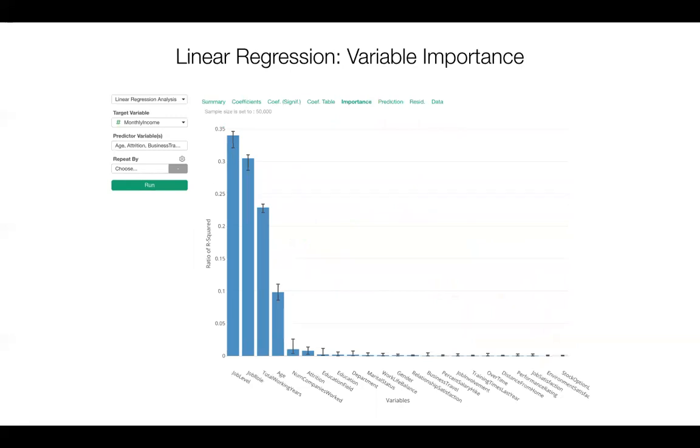Another thing is linear regression. The variable importance view also used to be off by default because it adds a little bit of performance cost, since behind the scenes it calculates R² for each variable. There are a couple of options.